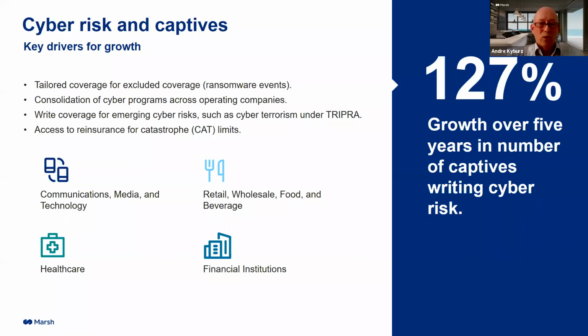And of course, that has changed a bit over the last couple of years, when clients were considering cyber, and again, that's based on market pressures that come along with cyber at the moment. And we see here a number, 127% growth over the last 5 years in the number of captives writing cyber. And it's really across industries that we're seeing that trend.